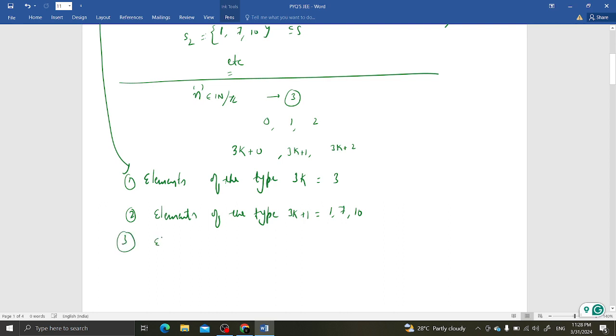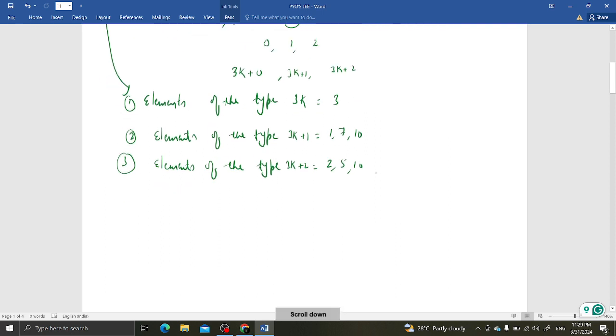Third, elements of the type 3k plus 2 are 2, 5 and 11. These are the types of elements we have here: 3; 1, 7, 10; and 2, 5, 11.